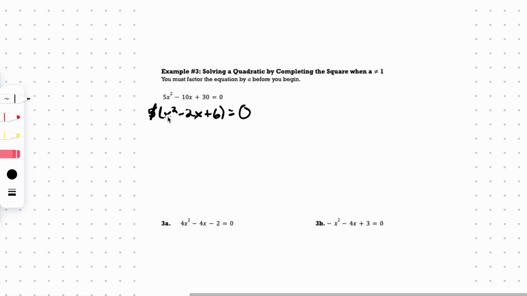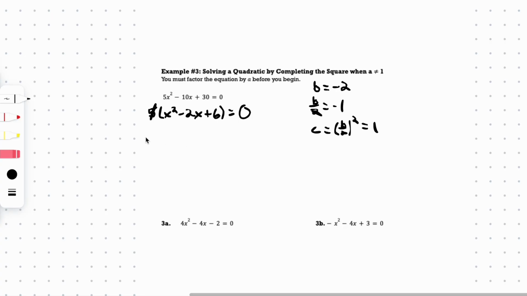Okay, anyway, so we have x squared minus 2x plus 6 equals 0. Again, we want to complete the square. So first thing we want to do, what's our b value? That's negative 2. Our b over 2 is equal to negative 1. And so our b over 2 squared, which is equal to c, is going to be negative 1 squared, which is 1.